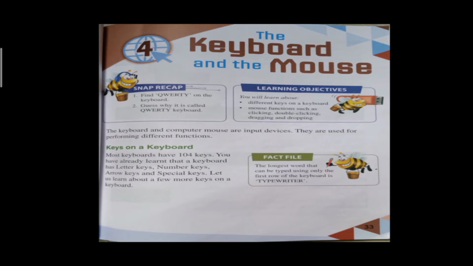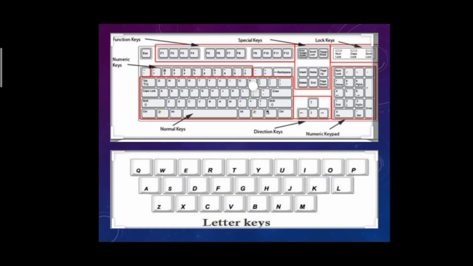It means children, जो कीबोर्ड की फर्स्ट रो है अल्फ़ाबेट वाली QWE वाली है ना, वो रो से हम एक लॉन्गेस्ट वर्ड टाइप कर सकते हैं, TYPE WRITER, टाइप राइटर.